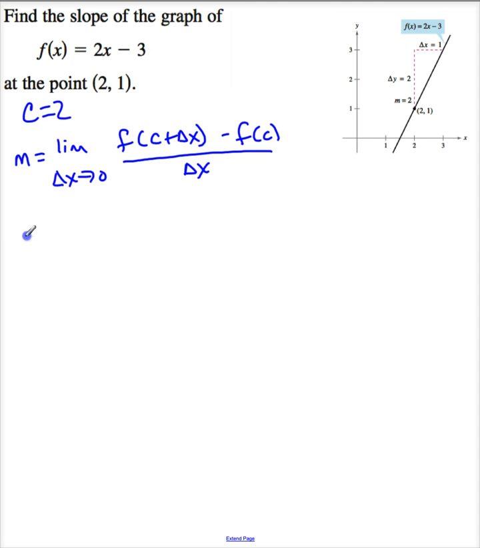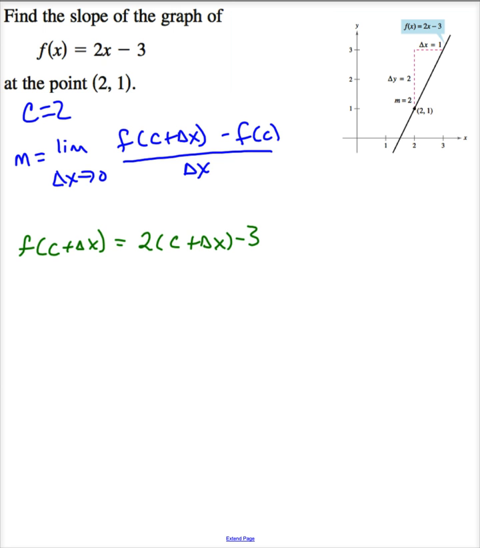What is f evaluated at c plus delta x? All right, this is 2 times. Now everywhere I have an x in this equation, I'm going to put c plus delta x. So this is c plus delta x minus 3.